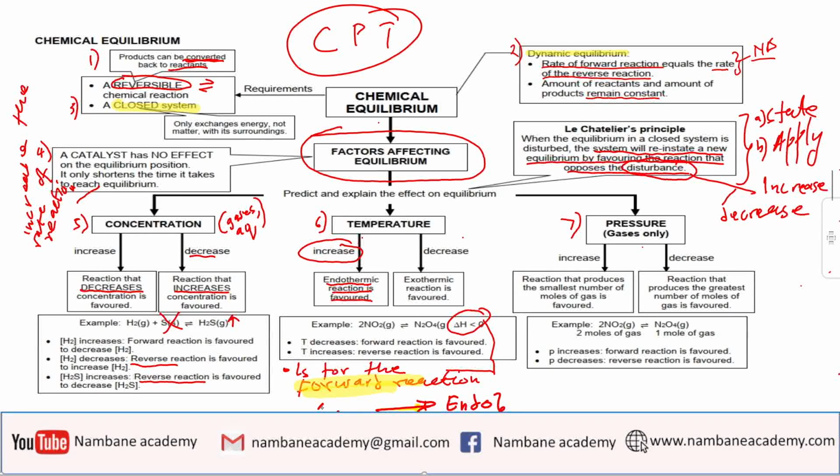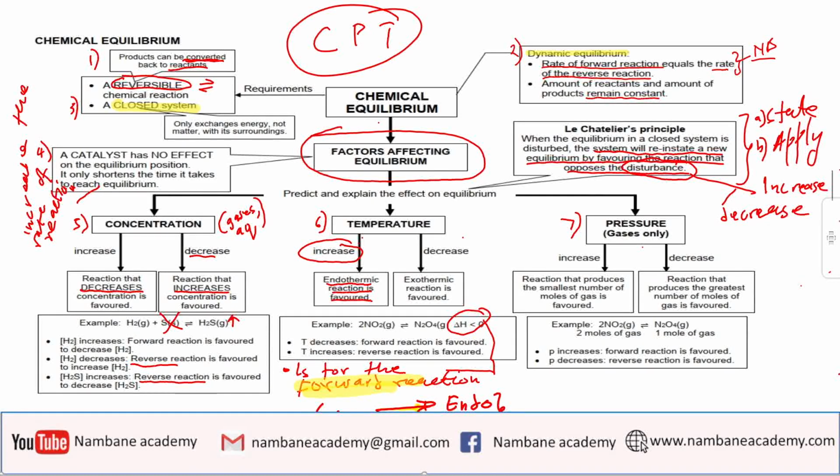So it basically says immediately after identifying that now the reaction or the information given is for the forward reaction, after identifying that now that is exothermic, then it means the reverse must be endo.